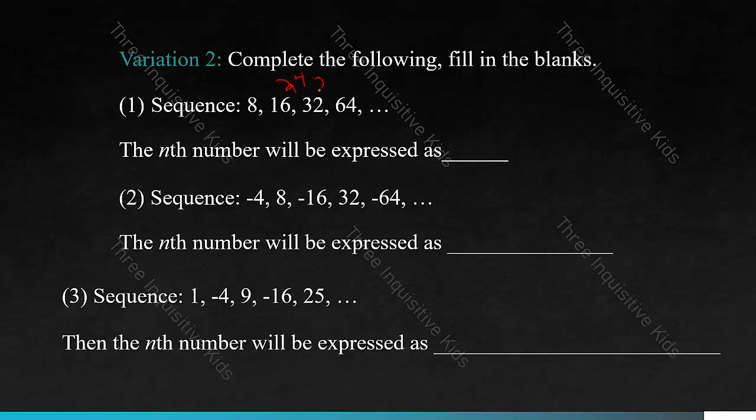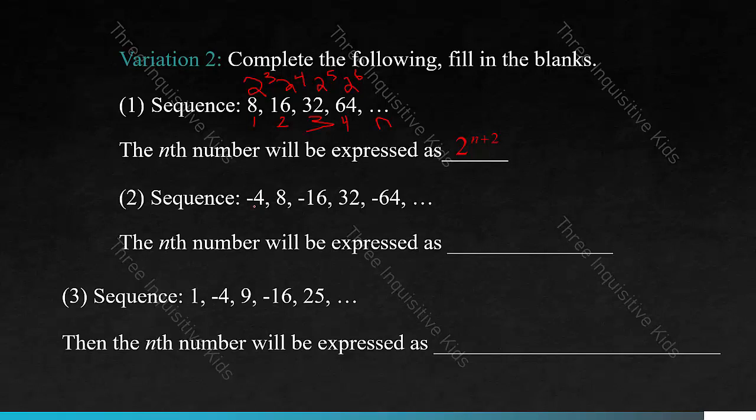The third number is 2 to the 5th power, and the fourth number is 2 to the 6th power. And this is the first term, the second term, the third term, and the fourth term. So the nth number would be expressed as 2 to the n plus 2 power.